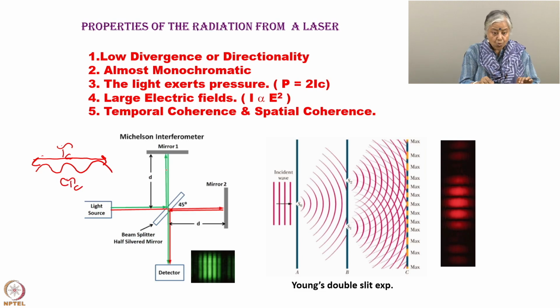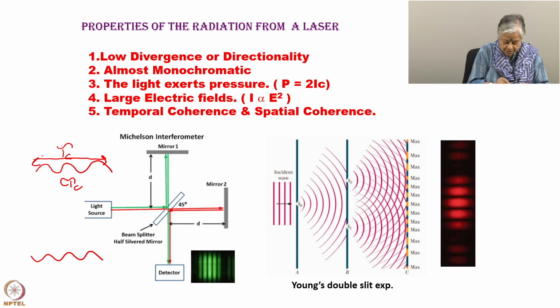That means when I am moving this, c tau c is called the coherence length and tau c is called the coherence time. So, while I am moving this mirror up and down, the fringes disappear when it does not follow this tau c. The moment it follows tau c, c tau c, you will get interference pattern. So, I have say a train of light here.